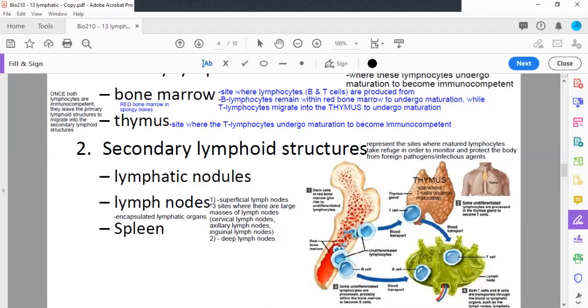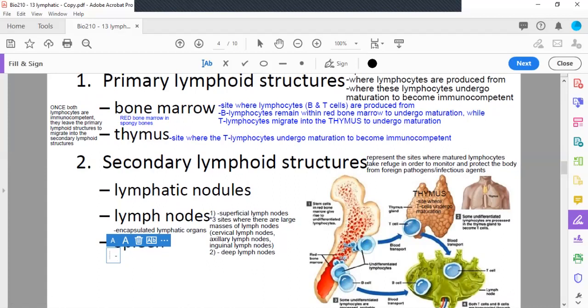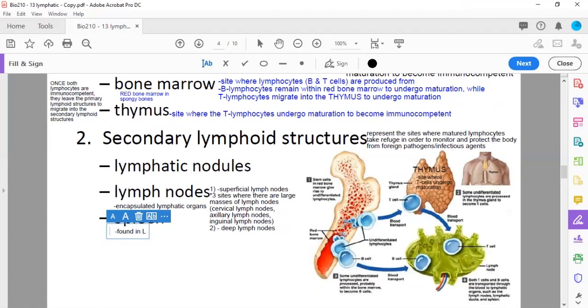They're very abundant, and the purpose of that is so it helps to protect our body against infections. Now the spleen is easier. We can easily trace the spleen because it can be found in the left upper quadrant. I mentioned this on the first day of class, left upper quadrant.